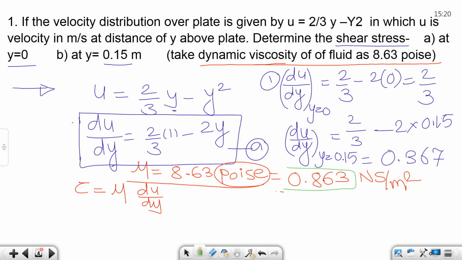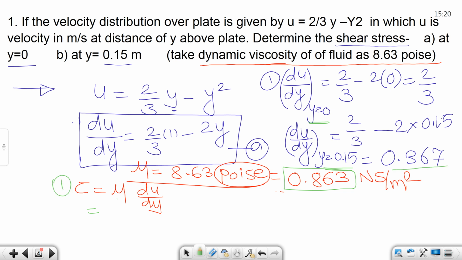Mu is 0.863. Now there are two parts. First part, we need to find out du by dy at y is equal to 0 and du by dy at y is equal to 0.15, which we already calculated. So it is 2/3 for 0 and for 0.15 it is 0.367.